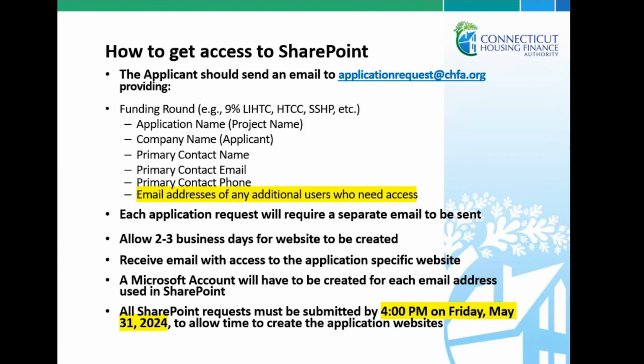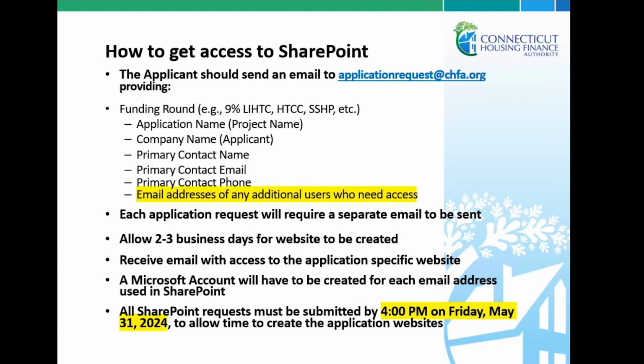Next slide. So how to get access? Colette shared the CHAFA website. Right there, there is something called instructions. So you can look at that, and some of it is already mentioned here. So you would send an email to application request at chafa.org, mentioning the round name, application name, company, primary contact, email, phone, and the important point here is to mention email addresses of any additional users who would need access to the SharePoint.